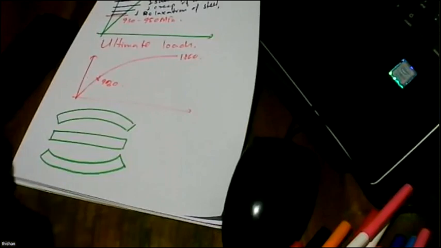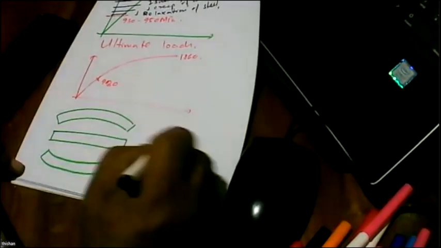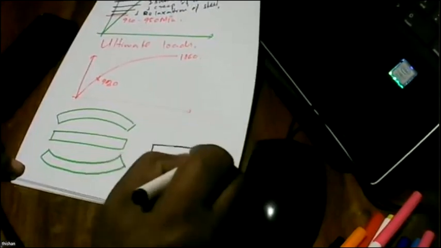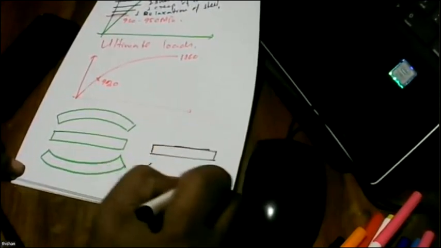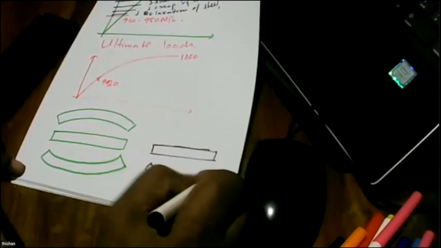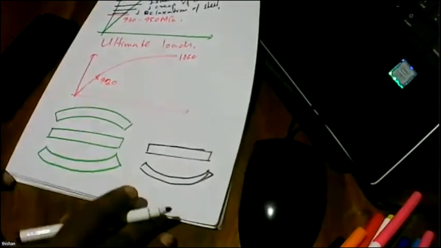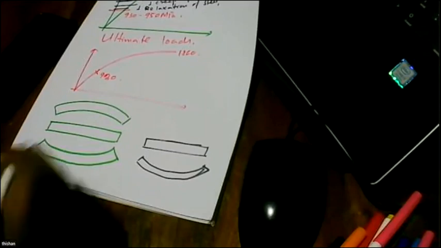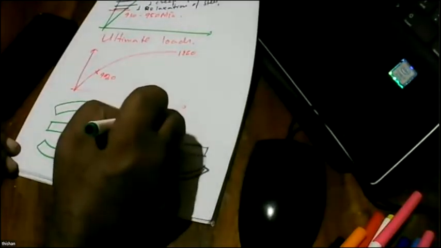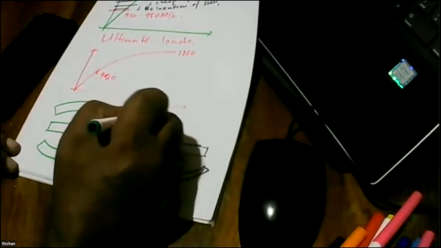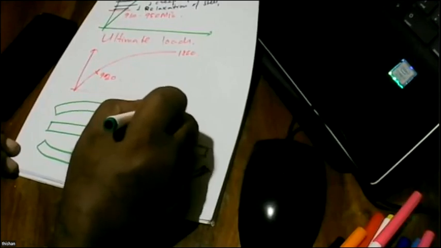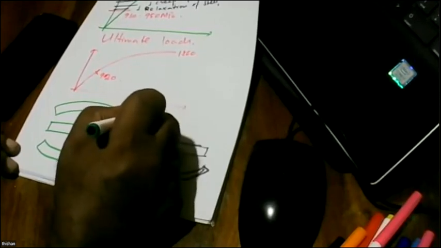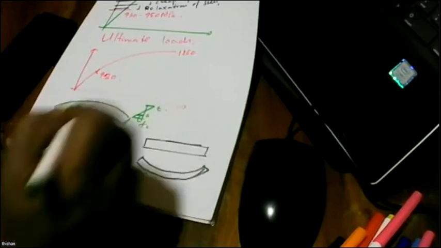Whereas in reinforced concrete, we start from here and we go until this. So this is the difference between prestressed concrete and reinforced concrete. So here is in compression, this is in tension. So this is the steel in compression.